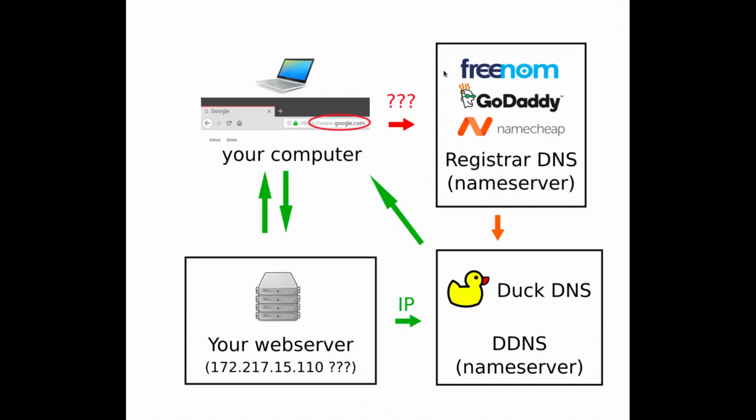Now, I want to just provide a warning here. Even though we're using Freenom, because it has free domains, they are kind of flagged as less useful or less significant because they're free, and so the search engines don't really like these.